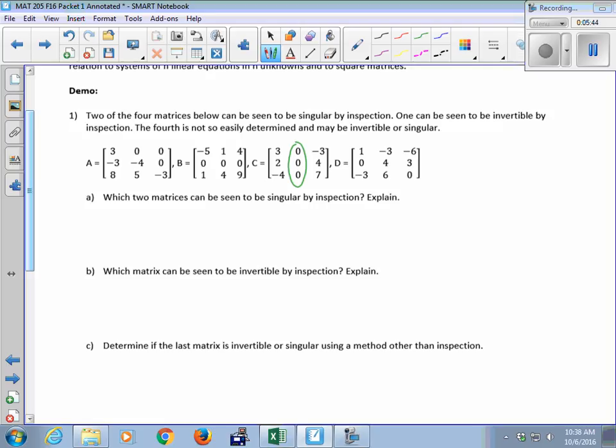How about another one? B, the row of zeros does the same thing. It can't reduce to the identity because you can never get a pivot in that row. So B and C can't RREF to I, the identity.